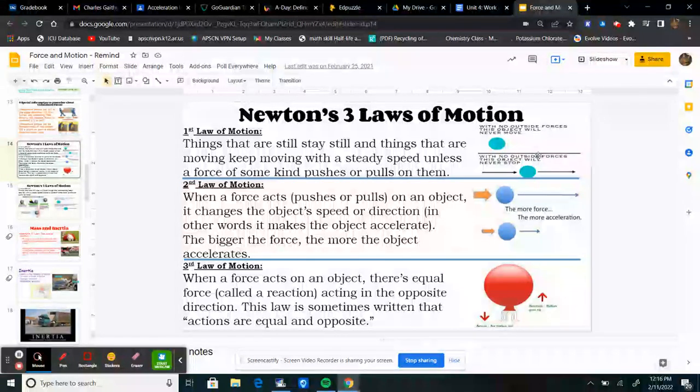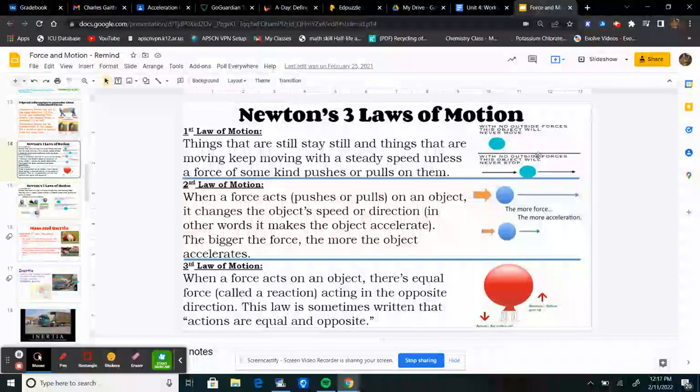Our second law of motion is when a force acts, so pushing or pulling on an object, it can actually change the speed or the direction in which it moves. So the bigger the force, the more the object will accelerate. And last but not least is Newton's third law.